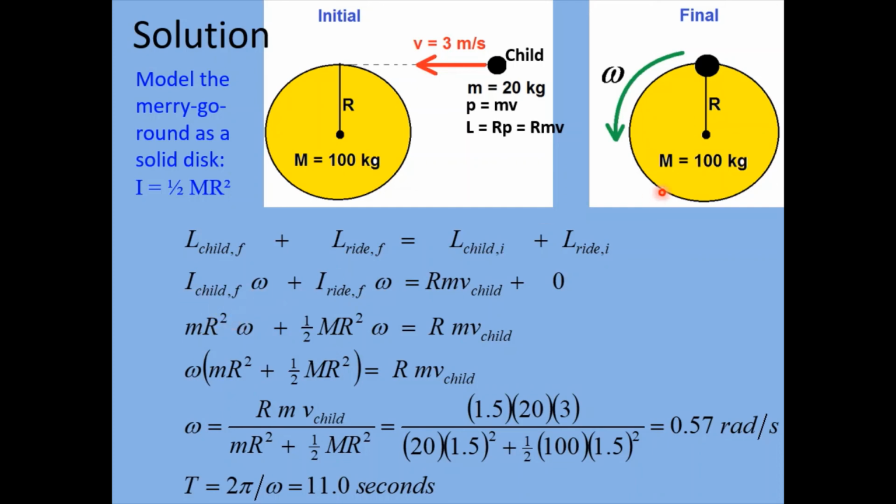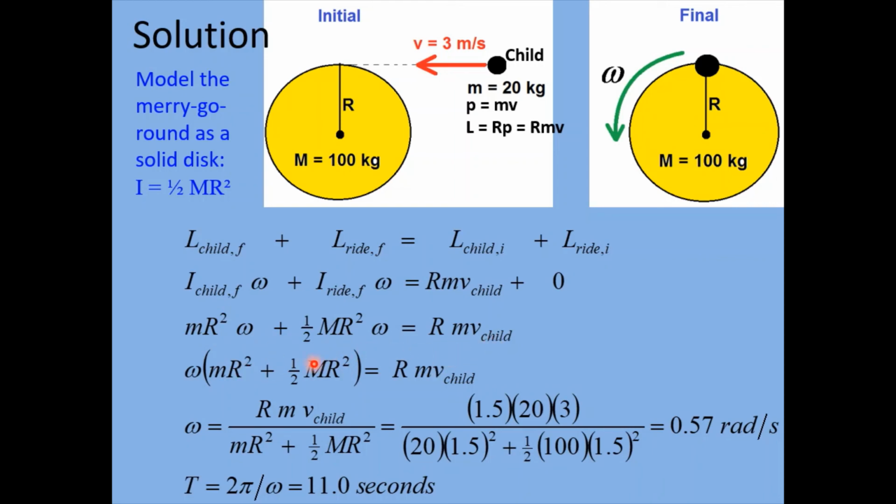So for the child, remember, this is a particle out here at a distance r. So we can use mr squared. We actually did this back in chapter 7 to find the rotational inertia of a particle. And then for the ride, that's the solid disk we set up here, that's equal to 1/2 mr squared. So we've got everything included now.